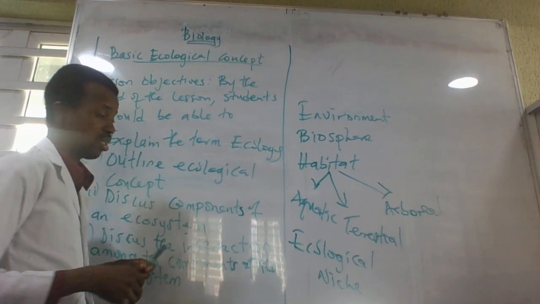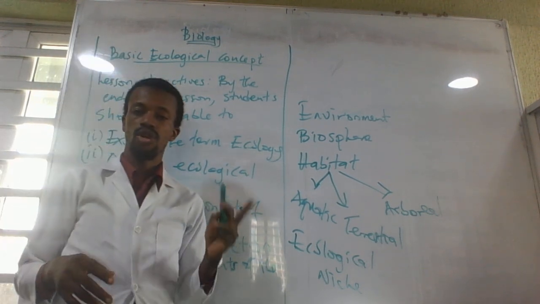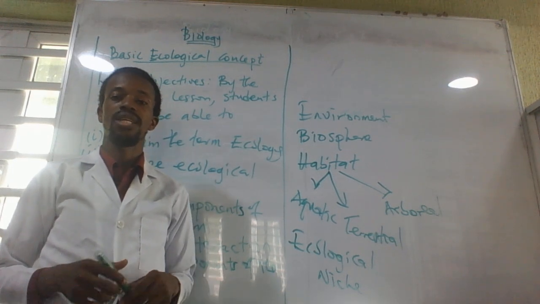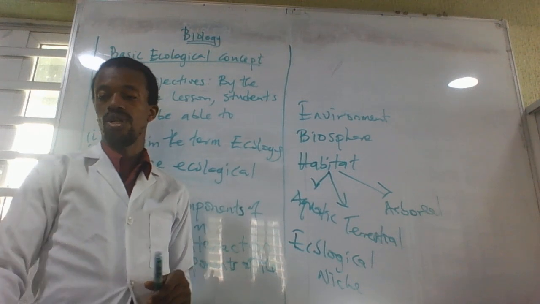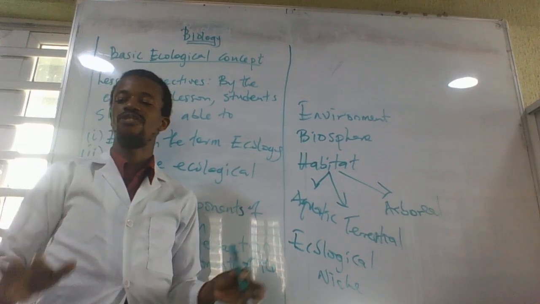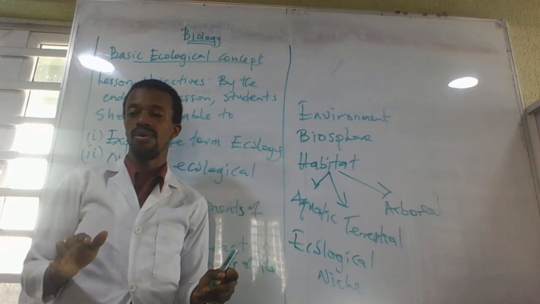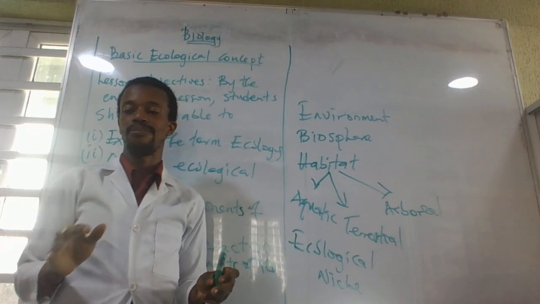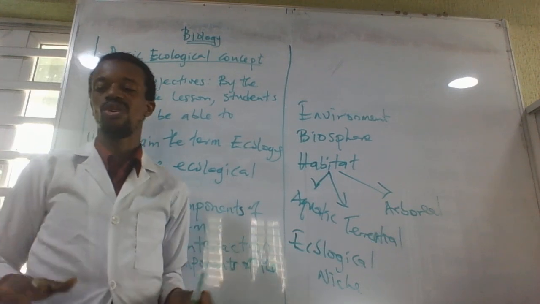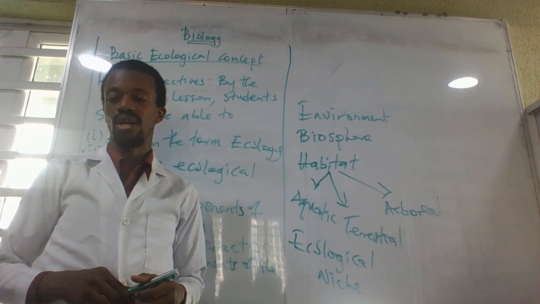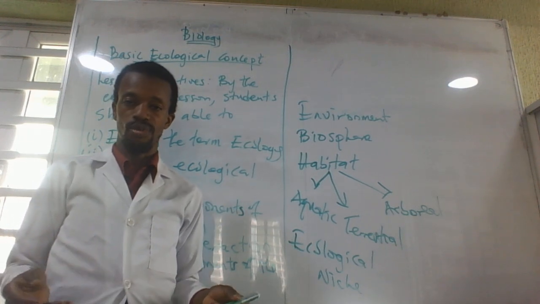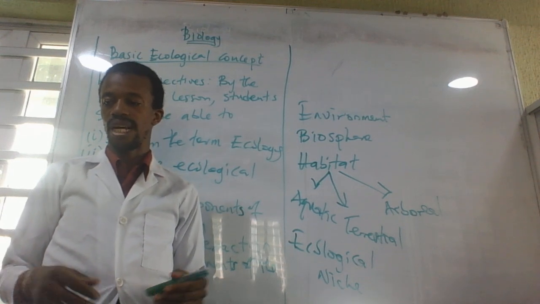So, I want to consider components of the ecosystem. We have two major components of the ecosystem, and they are the biotic components and the abiotic components. The biotic components are the part where you find the living things in the ecosystem, while the abiotic components are the non-living components of the ecosystem, and they are basically elements and compounds of the environment in which an organism lives.